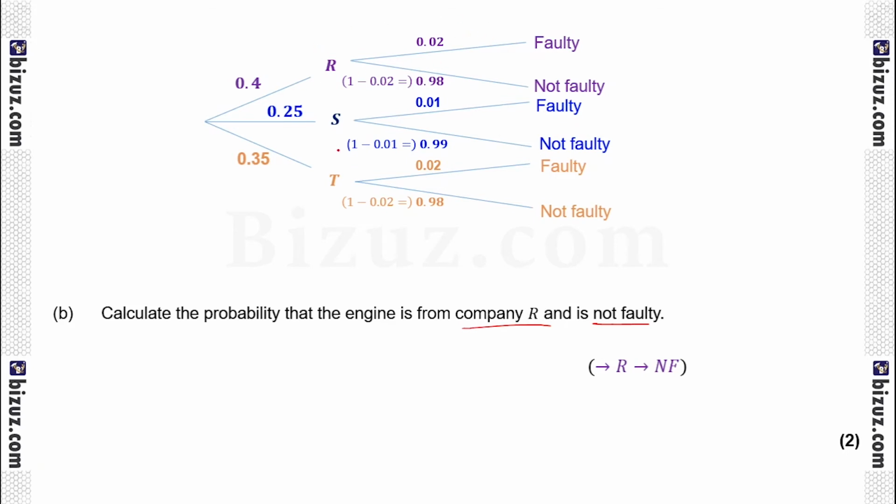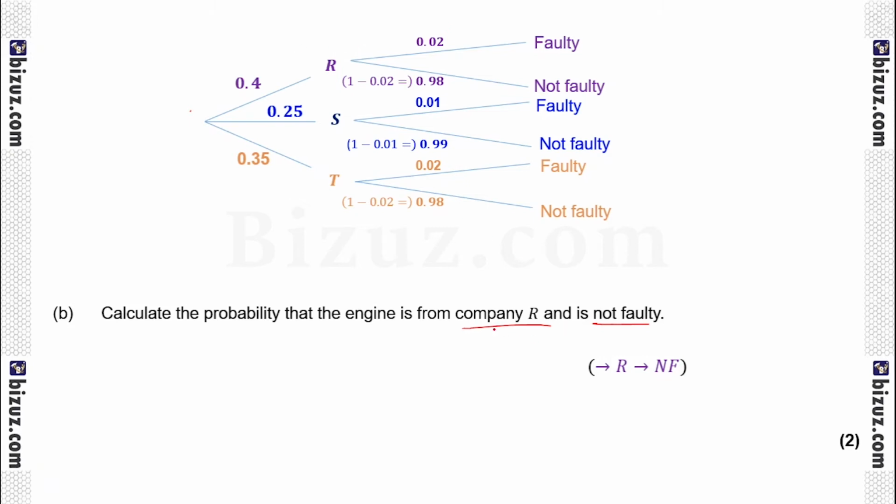Unless it's conditional probability, which you approach a bit differently, all that we need to do to find probabilities here is just go from your starting point to your destination, and you keep multiplying the numbers that you get along the way. That's all that you need to do.